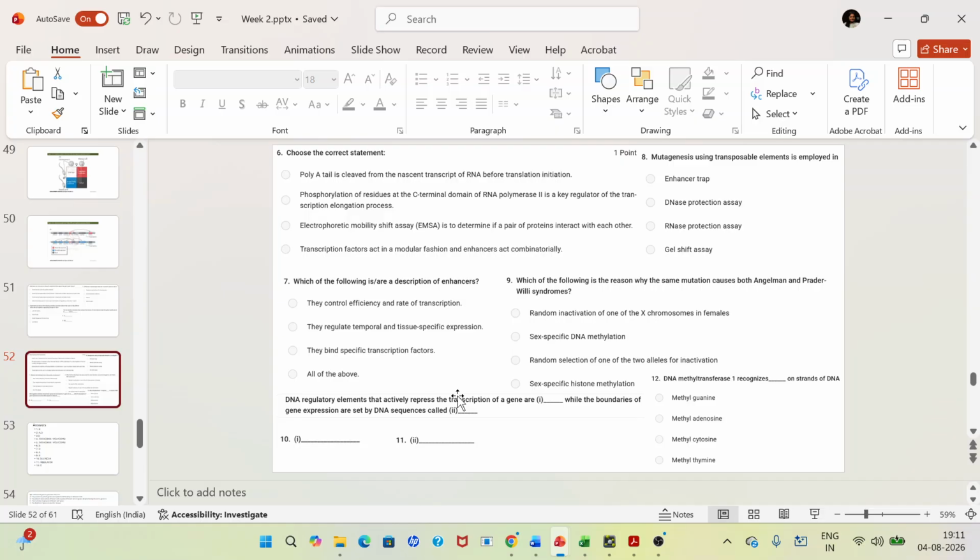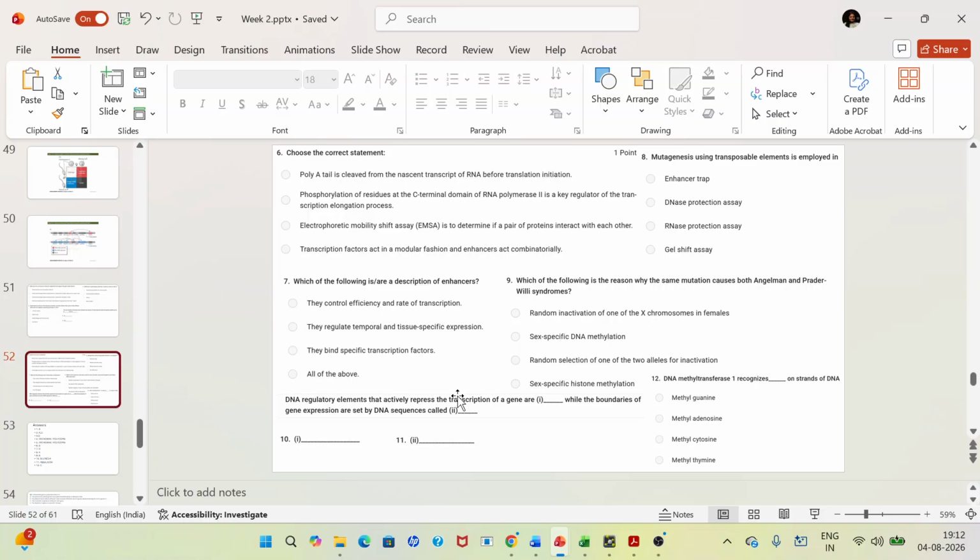Okay, so the answer is, yes, correct, all of the above. They control efficiency and rate of transcription, which is right. They regulate temporal and tissue specific expression, which is again right. And they bind specific transcription factors. So all of these are descriptions of enhancers.